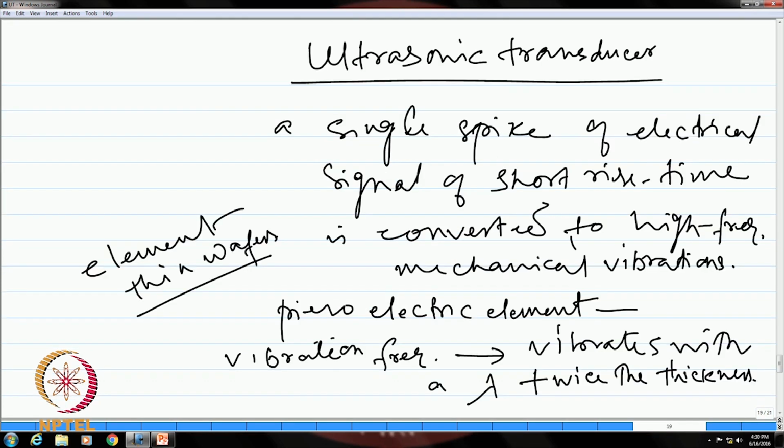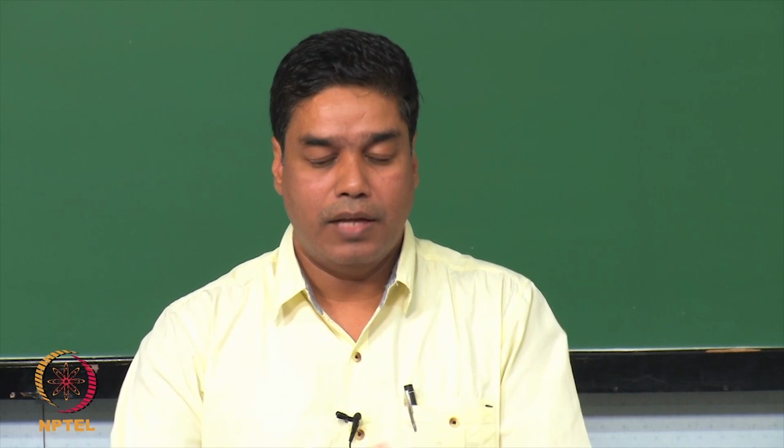So, the main component, as we just now saw, of the ultrasonic transducer is a thin wafer of a piezoelectric element, which when excited by an electrical signal will generate the ultrasonic vibrations. Okay.